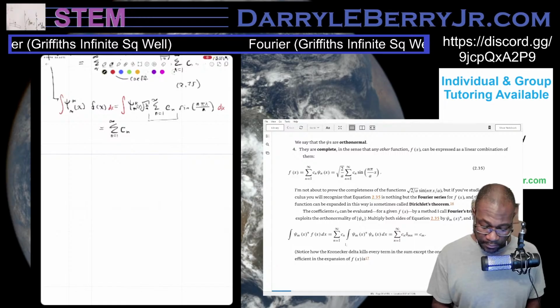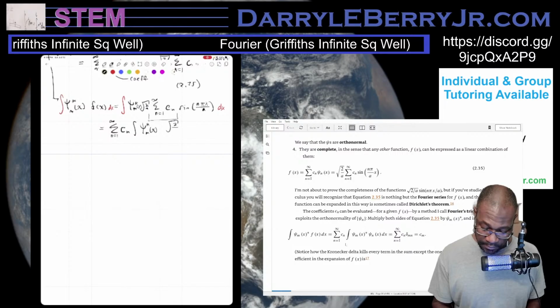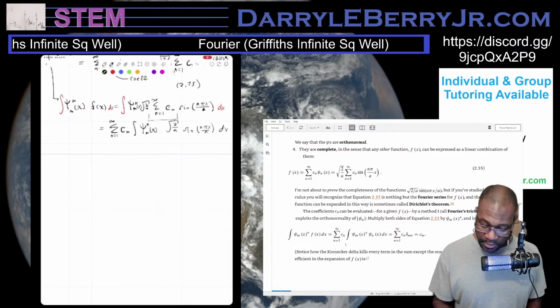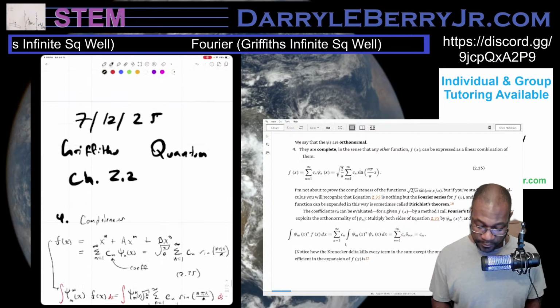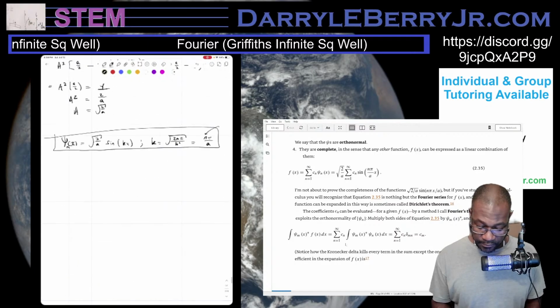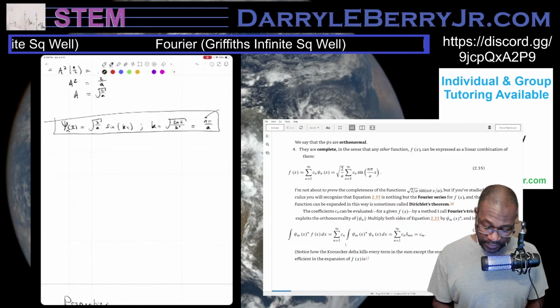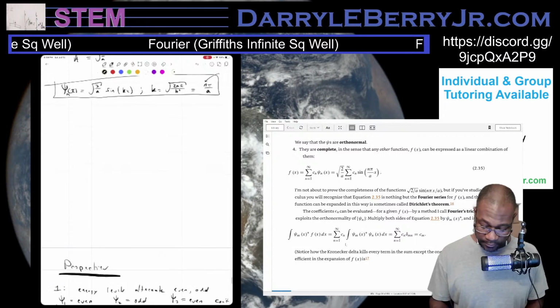Now, we'll put this like this. Recognize this. That's just psi. If we scroll back up here, we can see that psi is square root of 2 over a sine of n pi x over a.